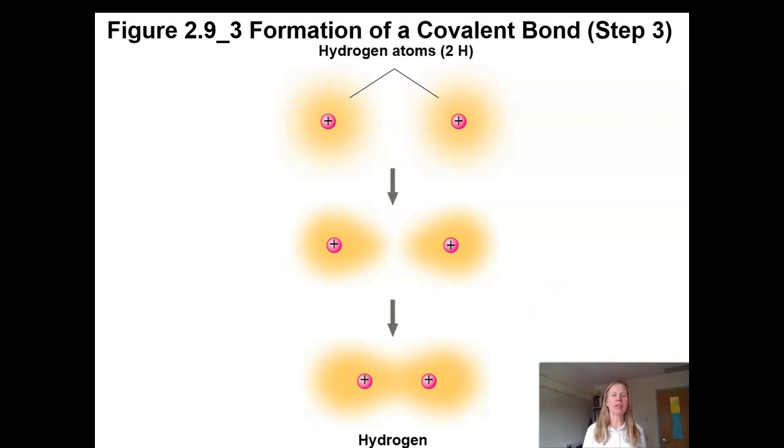And so there we go. Now we're calling this molecule H2, and this orange schmutz here is that electron cloud. So you picture that single electron floating around each of these. Well, now it's going to spend time around the nucleus of both of those atoms, and so each feels like it has 2, therefore complete and happy.